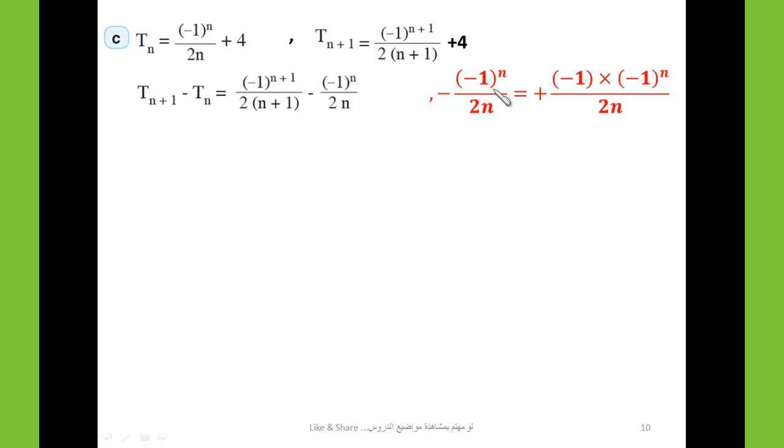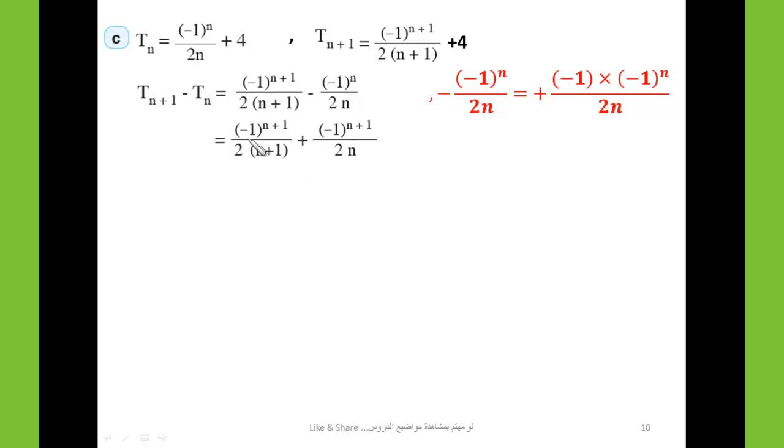So negative 1 power n times negative 1 will be negative 1 power n plus 1. So the result of this multiplication will be negative 1 power n plus 1 all over 2n. So from the beginning, Tn plus 1 minus Tn equals the first fraction plus negative 1 power n plus 1 over 2n.